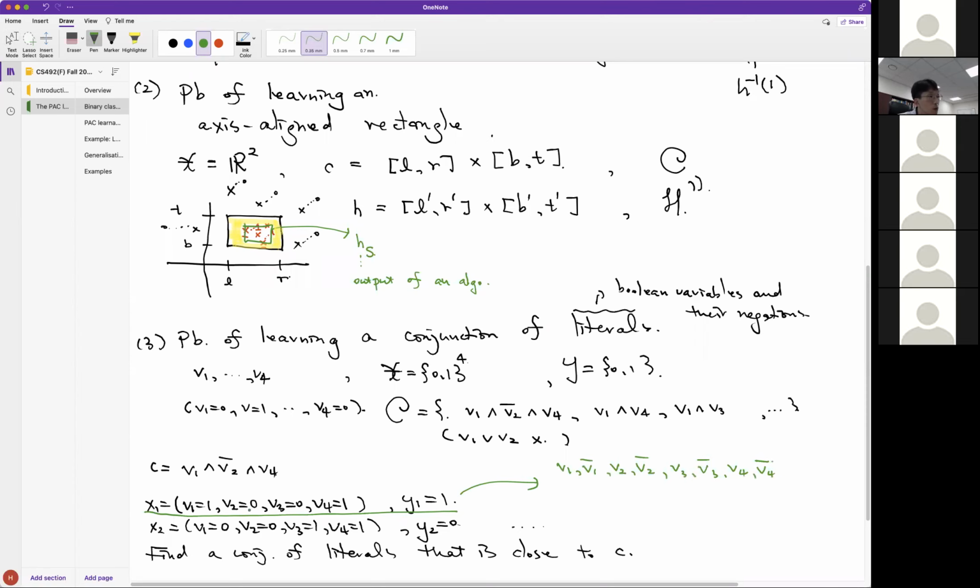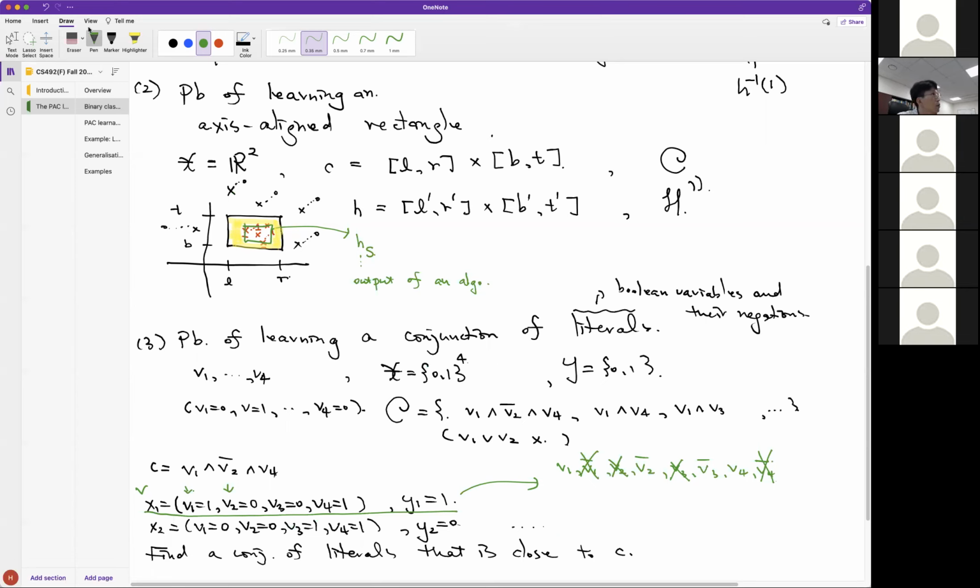But then you look at positive examples one by one. You look at example x1, and if a literal doesn't appear in the positive example, we get rid of it. For v1, we have v1 but not negation of v1, so we get rid of negation of v1. For v2, we have negation of v2, so we get rid of v2. For v3, we have a negation, so we get rid of v3. For v4, we have 1, so we get rid of negation of v4.